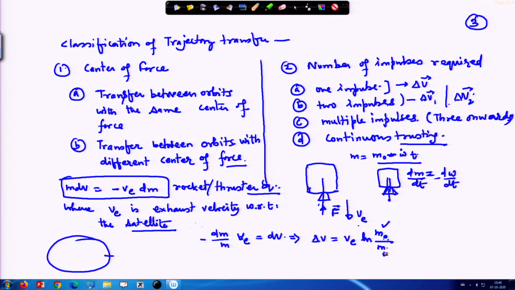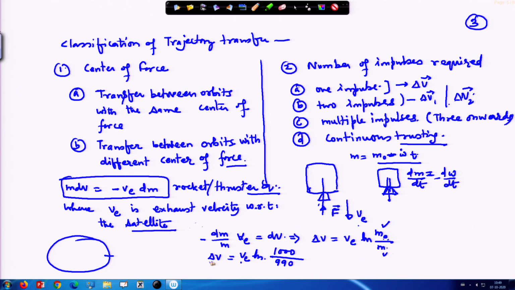Okay, so you can see that if your initial mass of the satellite was 1000 kg, and after thrusting for some time some 10 kg of the fuel is burned, so 990, and this is logarithmic, this is the exhaust velocity given to you.